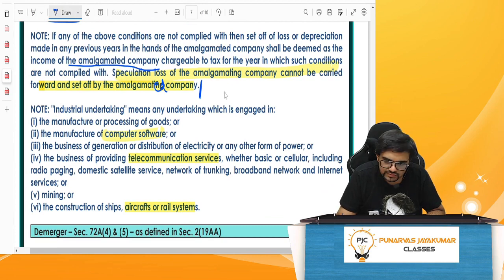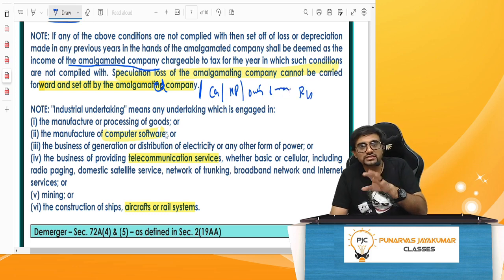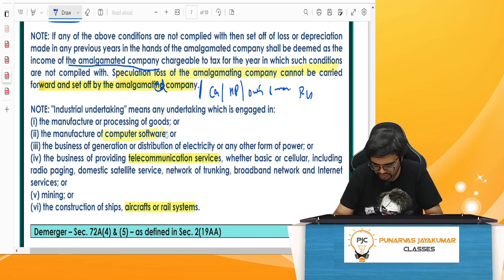Not just that, capital gain, house property, owning and maintaining racehorses. Because guys, only PGBP is spoken about, nothing else. So those things will not come into the picture.